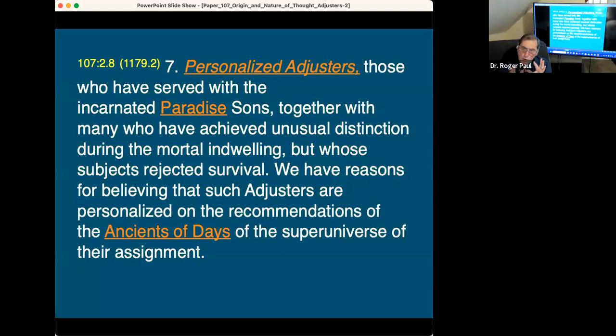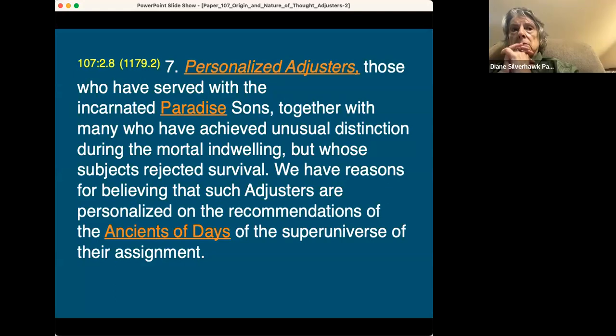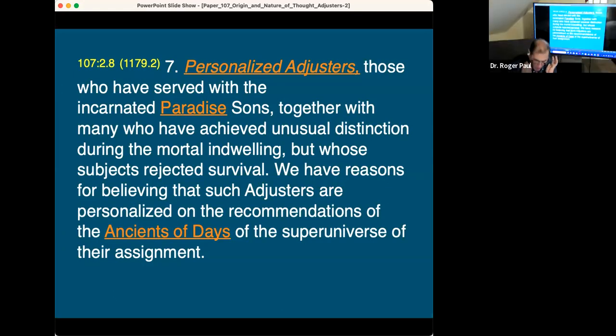Okay, and it's important to understand that when Jesus's adjuster was personalized, all the experience of Jesus was reincarnated in this personalized adjuster. Okay, now from his baptism on, this adjuster stayed alongside Jesus through the rest of his bestowal.